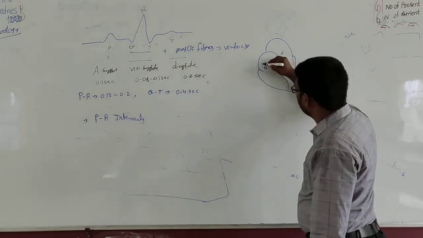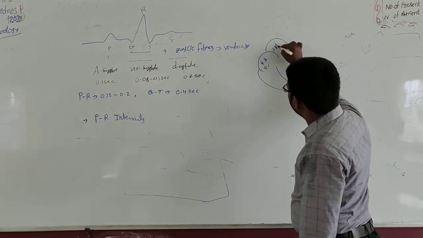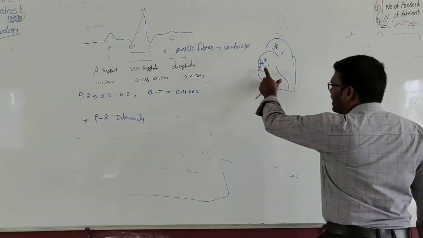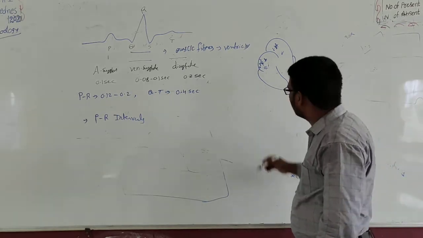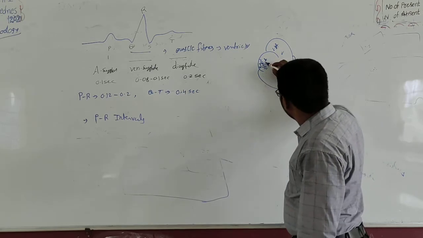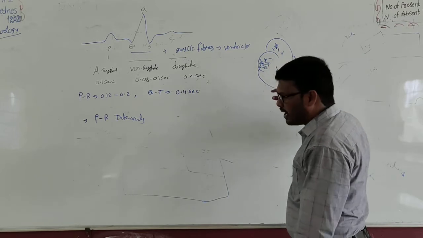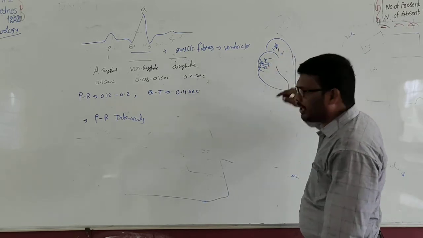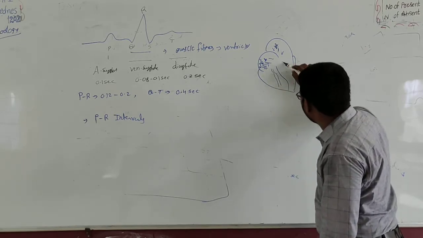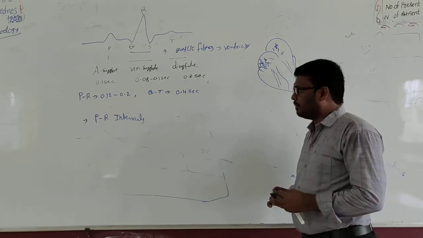This is right atria, left atria. This is sinoatrial node. When the sinoatrial node is contracted, the impulse enters into the respective auricles. That is, impulse is transported into the respective auricles. At that time, the auricles will be contracted. The valves are open. The blood enters into the respective ventricles. That is the condition.